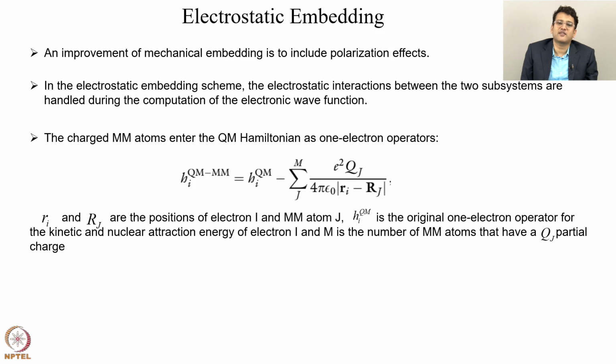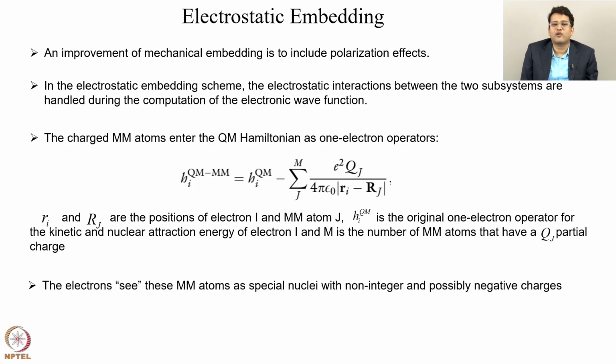So, these partial charges actually affect the one electron Hamiltonian. So, it changes the Fock matrix, and so it will change both the DFT and Hartree-Fock calculations. And the electrons see these atoms as special nuclei with non-integer and possibly negative charges. In the case of QM nuclei, generally they have integer charges because we know they have a specific number of electrons.